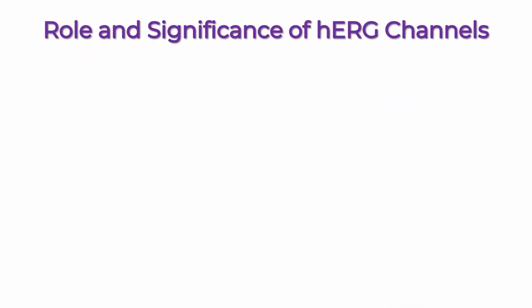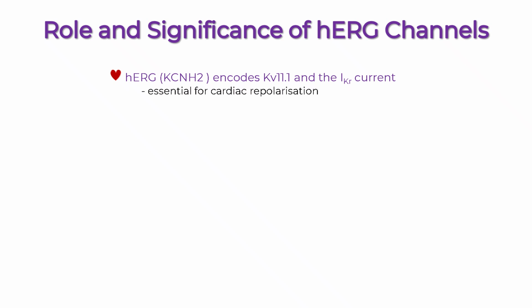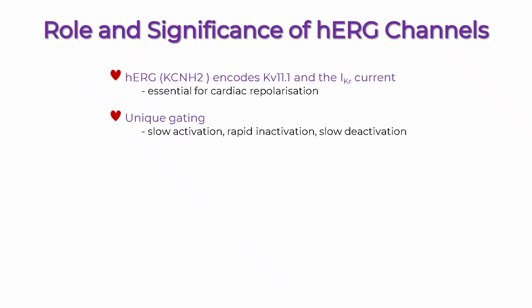To sum up, hERG or KCNH2 channels carry the IKR current that's vital for timely repolarization of cardiac action potentials. Their unusual gating, slow to open, fast to inactivate, and slow to close, gives them a distinctive role in shaping the heartbeat.